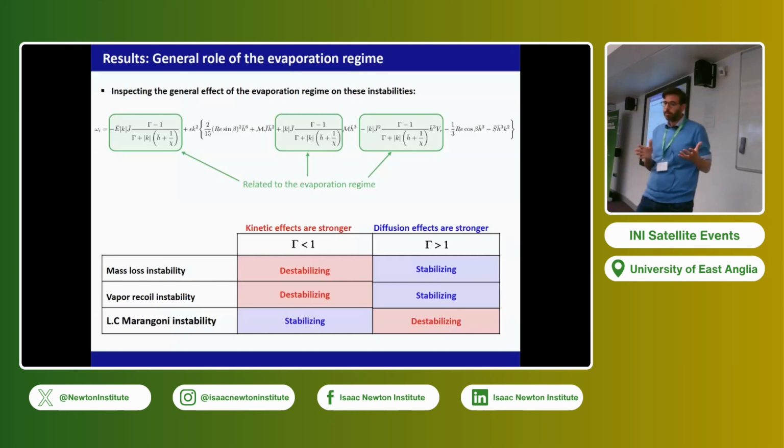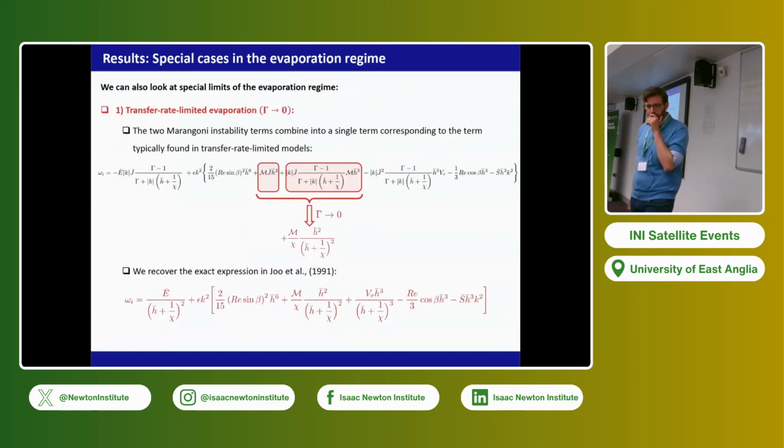Marangoni is stabilizing when gamma is smaller than 1, and destabilizing when it is larger than 1. So now let's work on the special limits, special cases. The first one, we already said: when gamma goes to 0, we have the transfer rate limited evaporation, which we already analyzed. Now we don't have the gas, so why do that? The two Marangoni terms combine into only one, and we obtain an exact expression in Zhu et al.